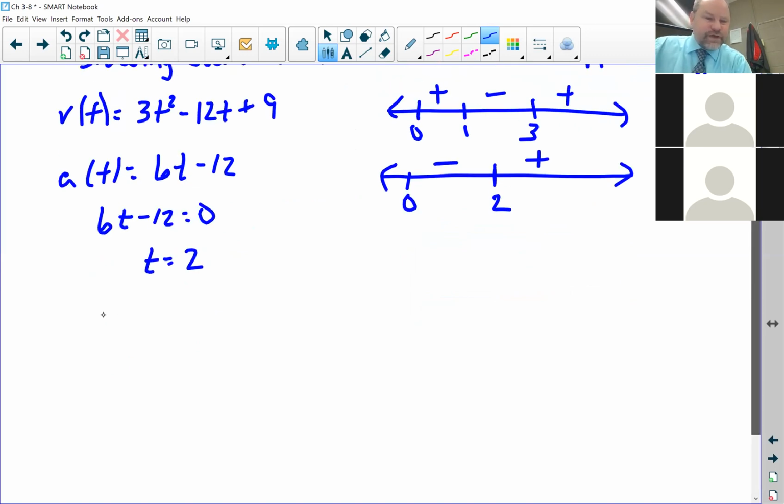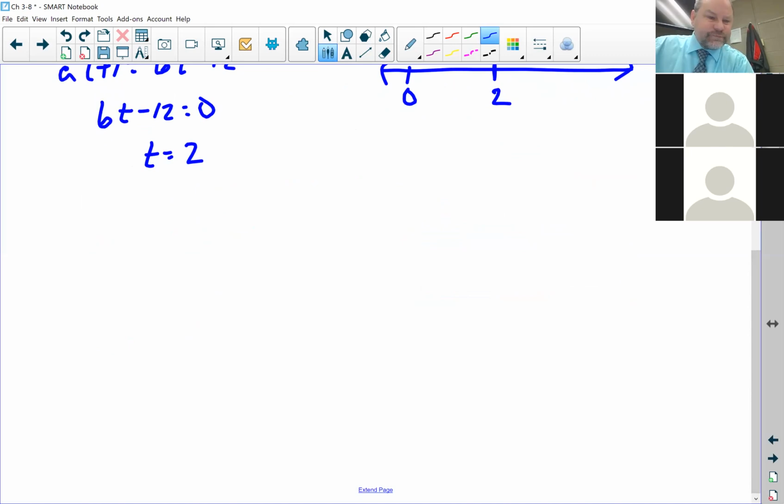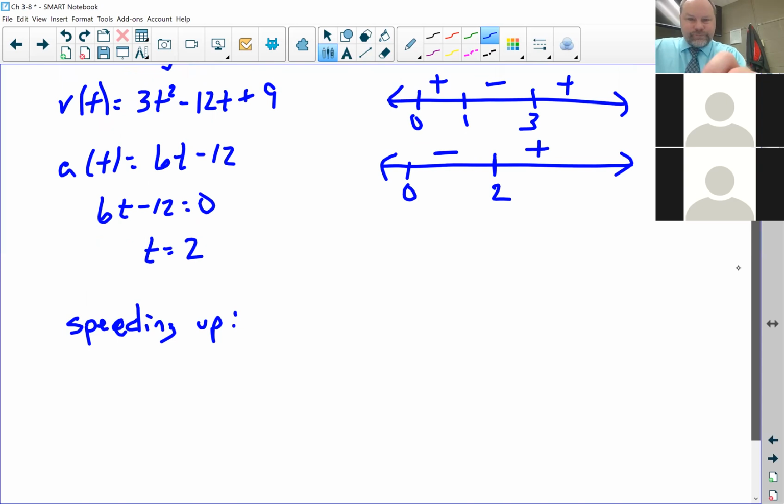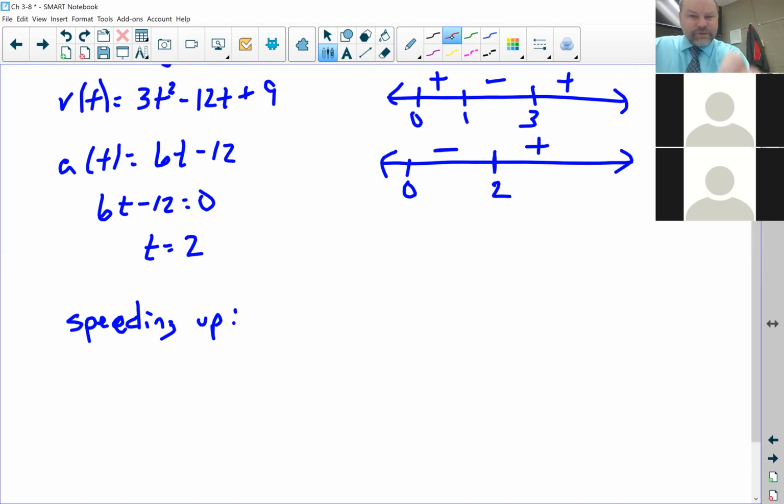So if I use that information, I'm going to draw some dashed lines through here.